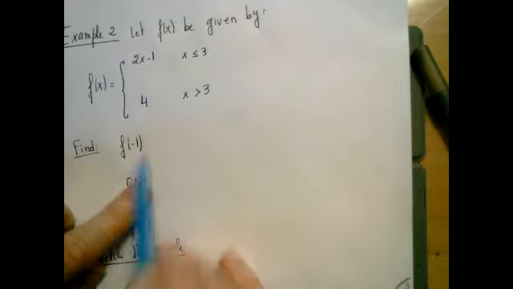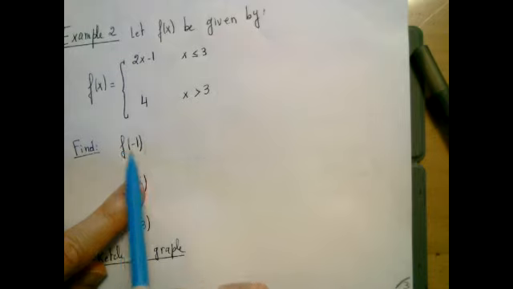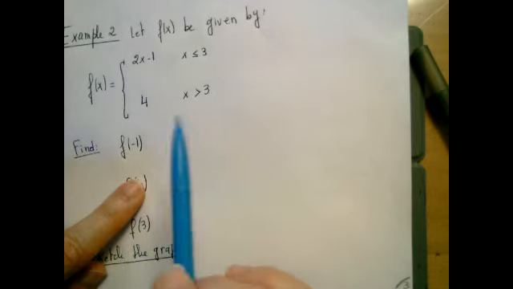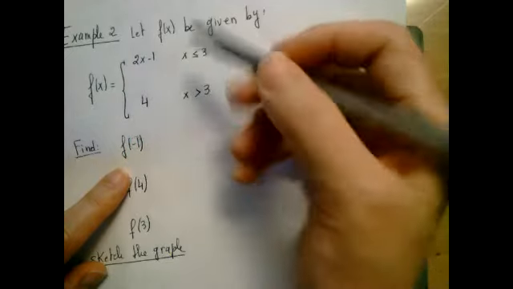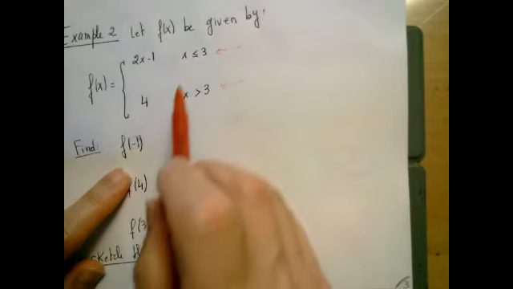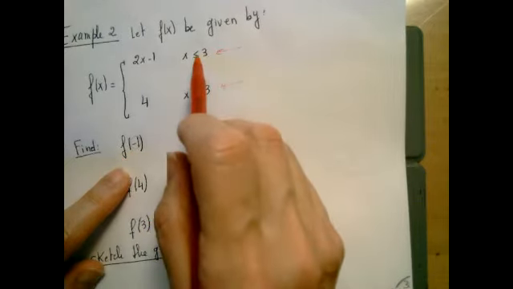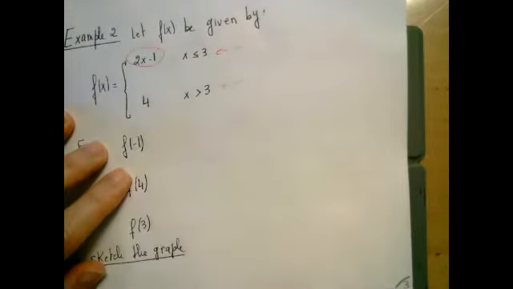So suppose I ask you the following. What is the output at minus 1? The first thing you do is you take minus 1 and you ask yourself, which condition does minus 1 satisfy? Does it satisfy this condition or that condition? It depends. Minus 1 is less than 3, so the value of the function at minus 1 is given by this formula.